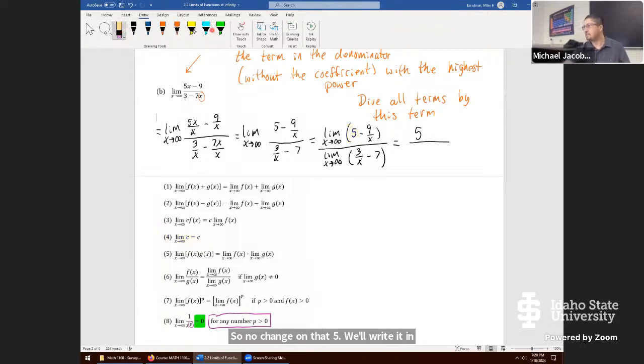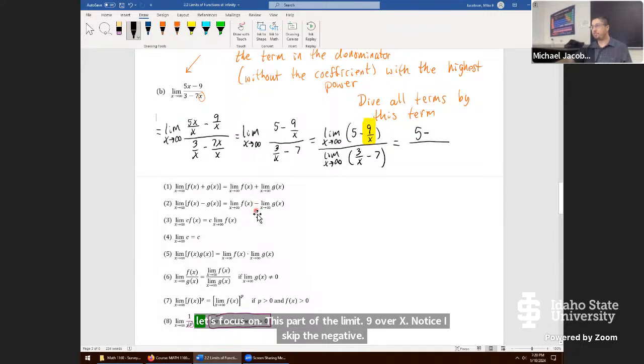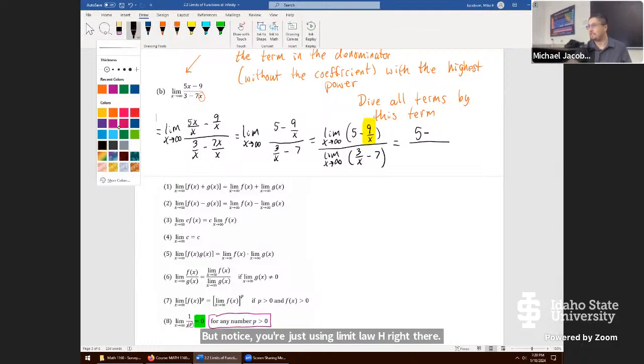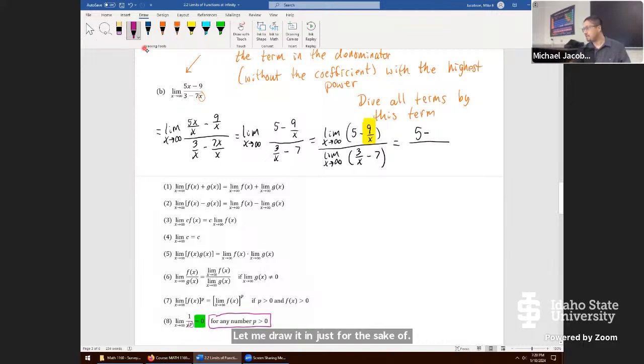Next, let's focus on this part of the limit, 9 over x. Notice I skipped the negative. We can write in the negative right there. That's what happened with this negative on the limit laws. So I got 5, the minus, and we focus on this limit right here. But notice, you're really just using limit law 8 right there. Let me draw it in just for the sake of emphasizing that.